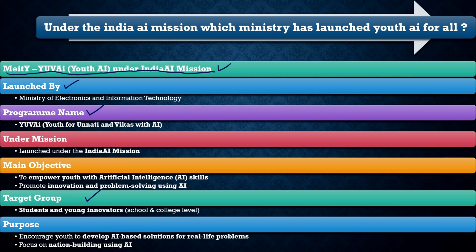Target group: students and young innovators, school and college level, very important. And main objective, please note down this one, or please keep in mind: encourage youth to develop AI-based solutions for real-life problems and focus on nation building using artificial intelligence.